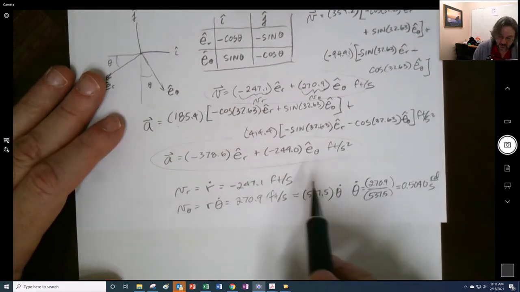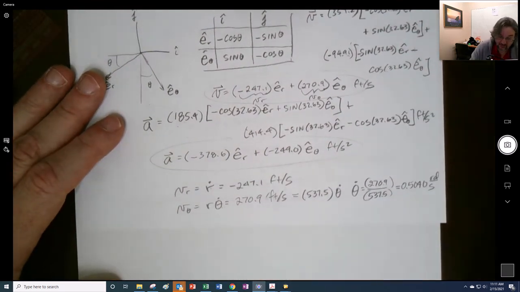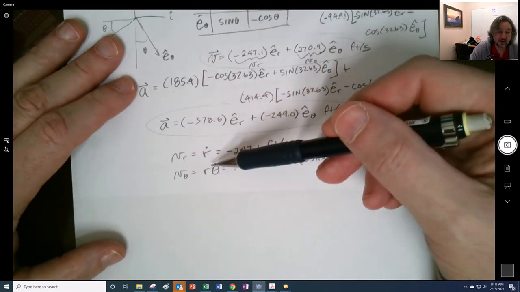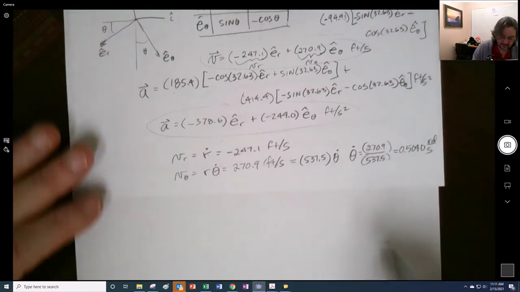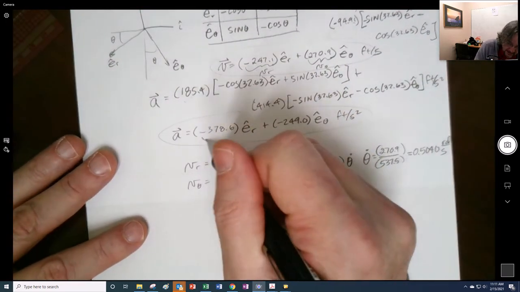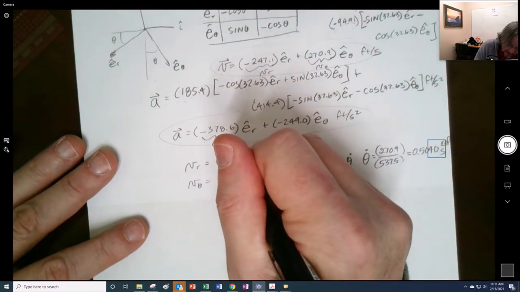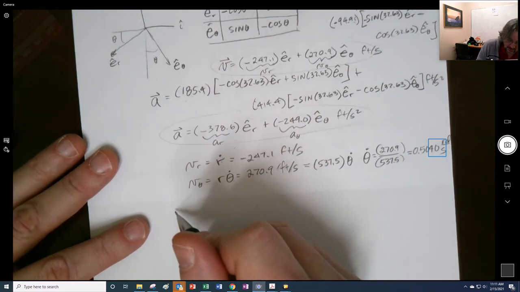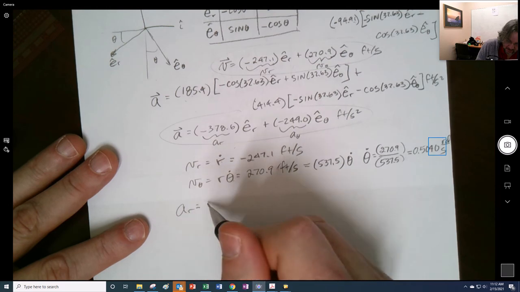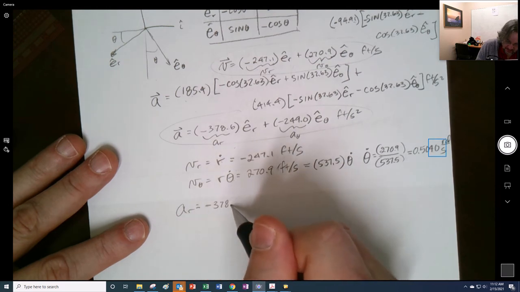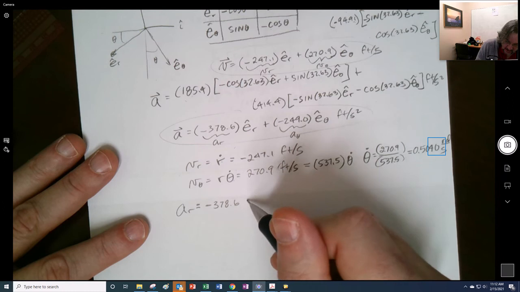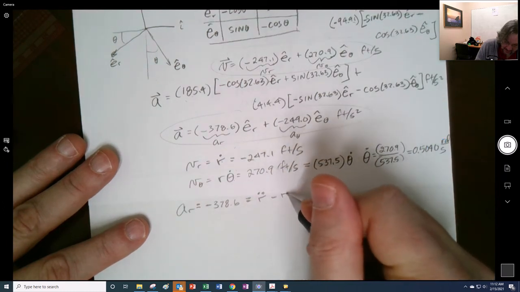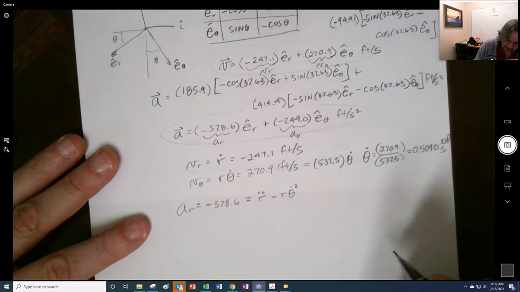Okay, sorry. So we have r dot and we have theta dot. So we found r, found theta, we found r dot, and now we have theta dot. Now we find this guy is going to be our AR, whereas this is A theta. So let's use this: AR is negative 378.6, but we know that's equal to r double dot minus r theta dot squared.